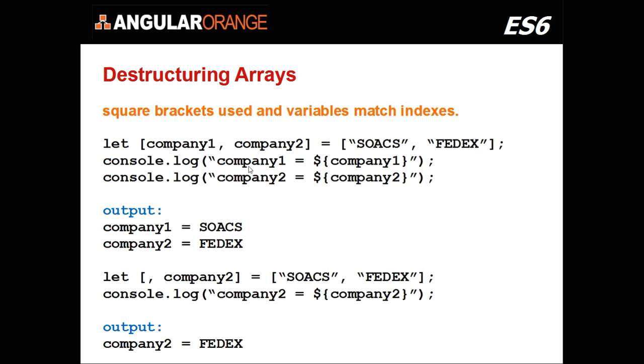When I log company1 is equal to company1 and company2 is equal to company2, I output the right output. Company1 is logged as SOACS and company2 is logged as FedEx. If I don't need the first variable, I could just leave it out. Company2 will still be logged correctly.